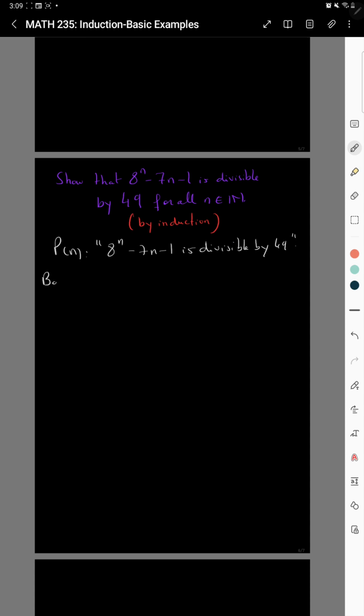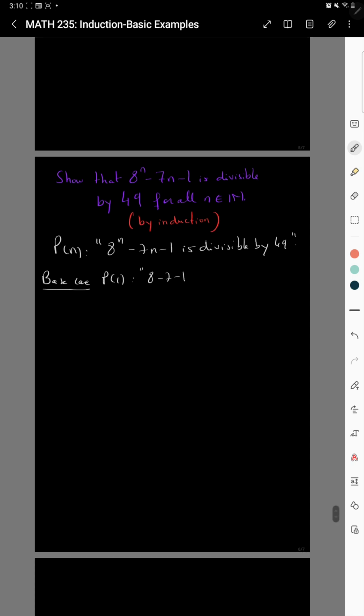Well, let's look at the base case. What is P1? P1 is 8 minus 7 minus 1 is divisible by 49. Well, P1 is true, right?